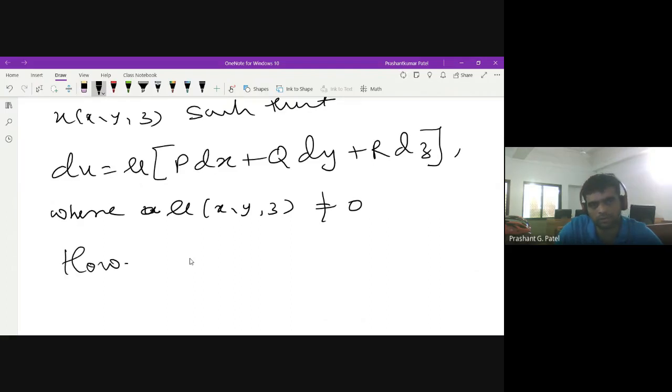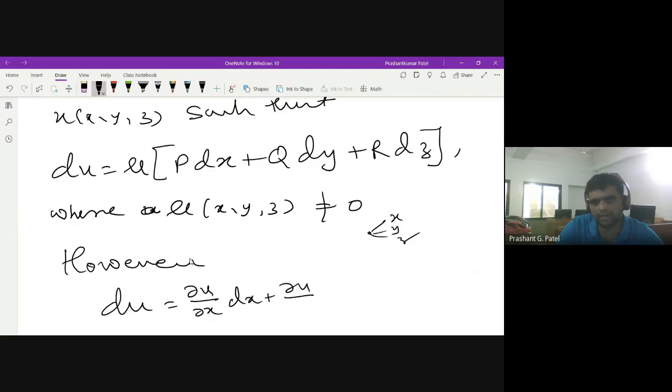However, what is du? As per the differential, u is a function of 3 variables: x, y and z. So it is del u by del x into dx plus del u by del y into dy and del u by del z into dz.